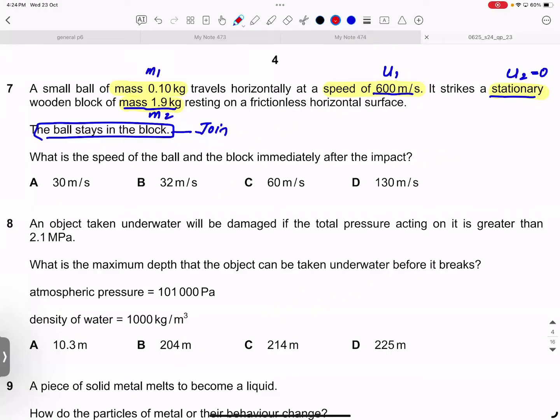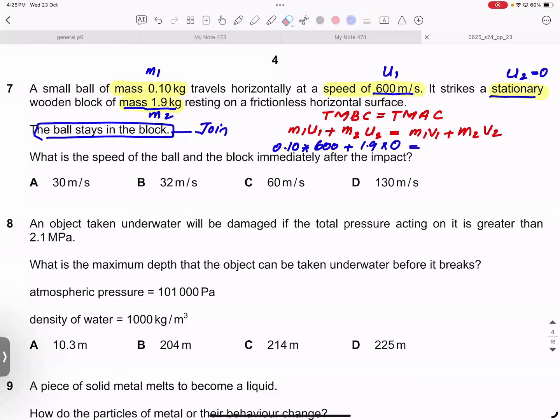The principle of conservation of momentum says total momentum before collision is equal to total momentum after collision. Before collision, we say M1 U1 plus M2 U2. After collision, M1 V1 plus M2 V2. Before collision, I'll substitute M1 0.1, U1 600, M2 1.9, U2 0.